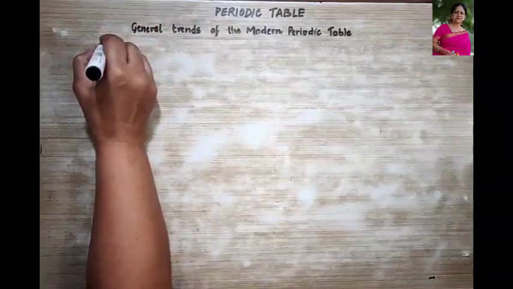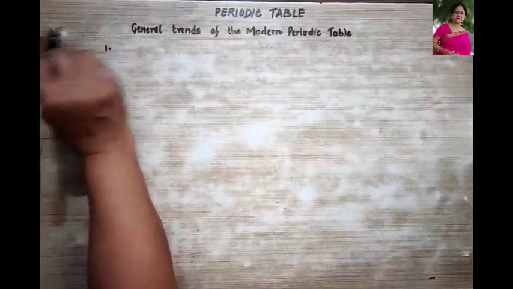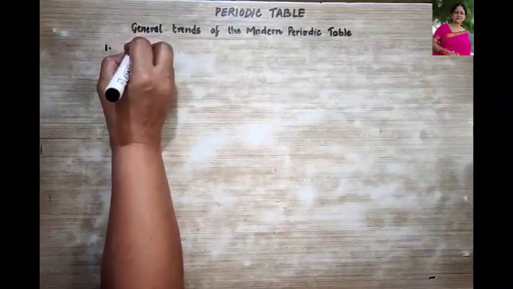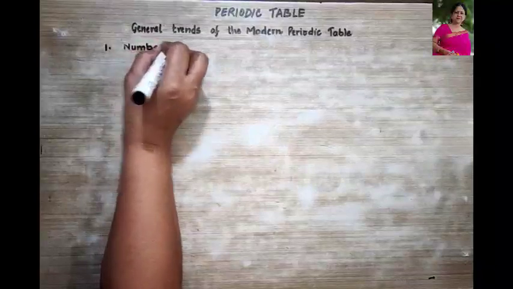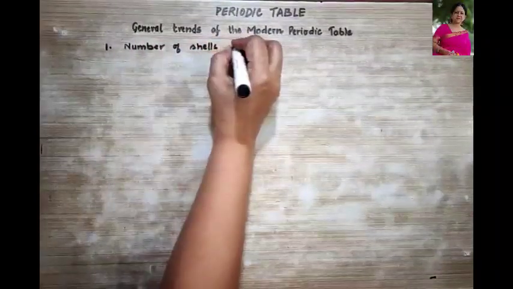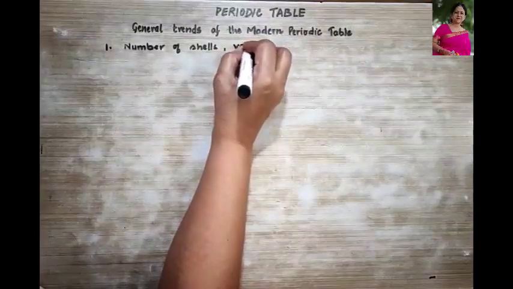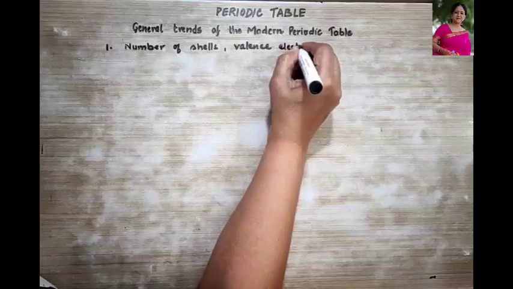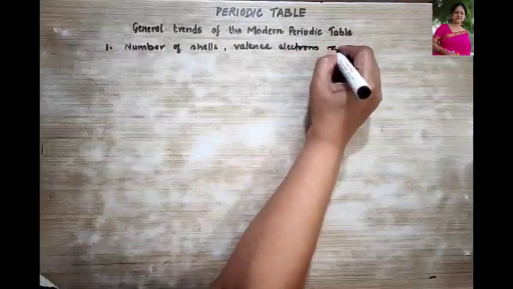So the first general trend that we are going to study is the number of shells, valence electrons and valency.